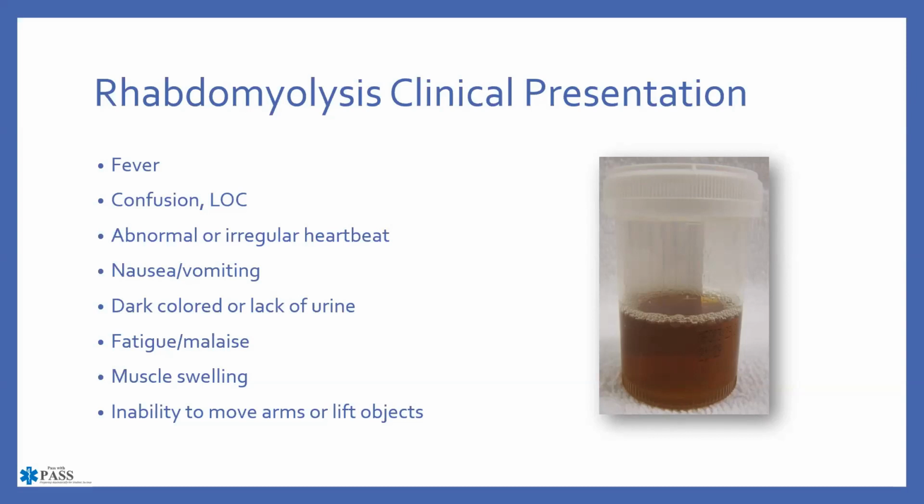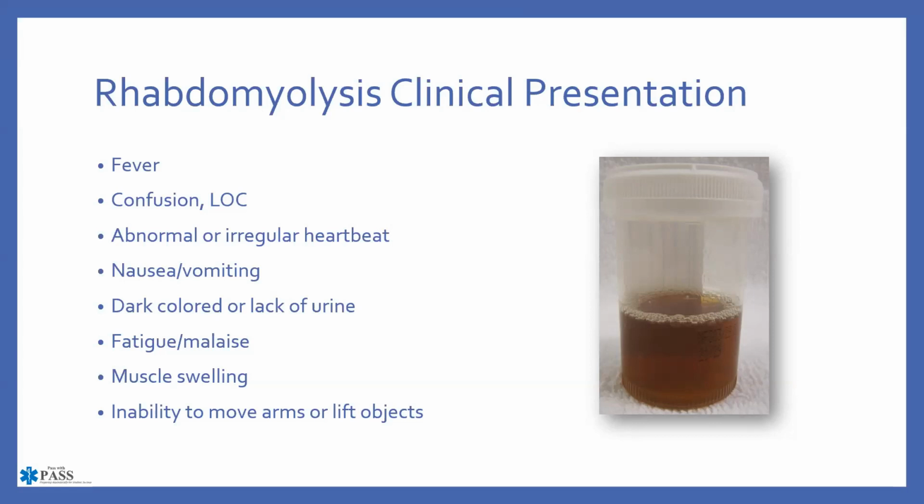So they may have fever, confusion, or a change in their level of responsiveness, abnormal or irregular heartbeats, and this is probably related directly to the electrolyte abnormalities that they're having, nausea and vomiting, dark colored urine. We don't typically check urine in the field, but if they do have a Foley cath or they have urinated or they give you that history that their urine is tea colored or looks like a dark colored cola, then you need to be thinking about rhabdo.